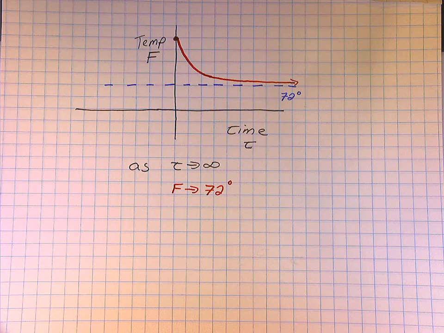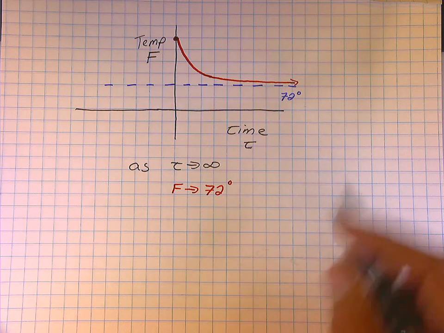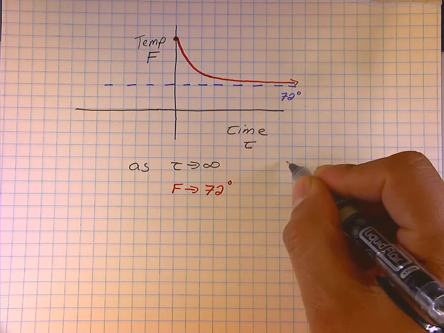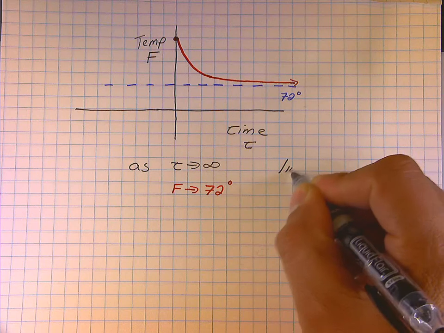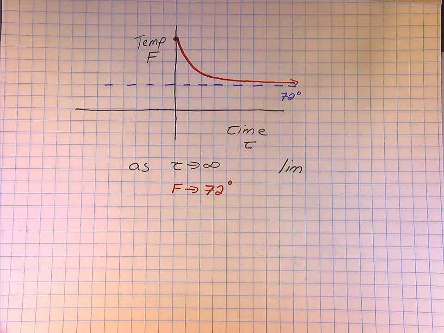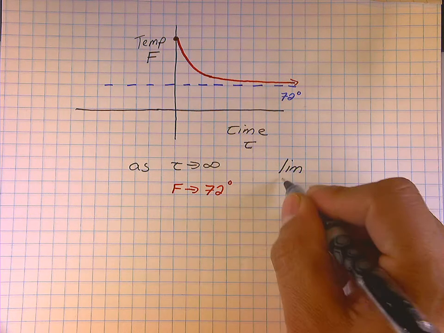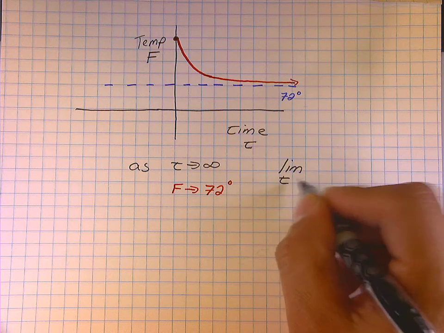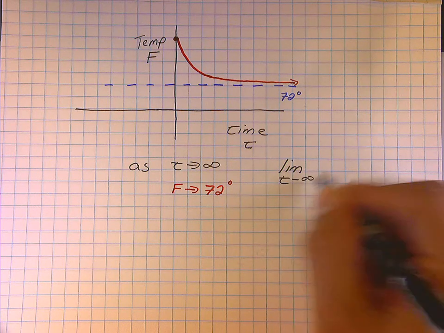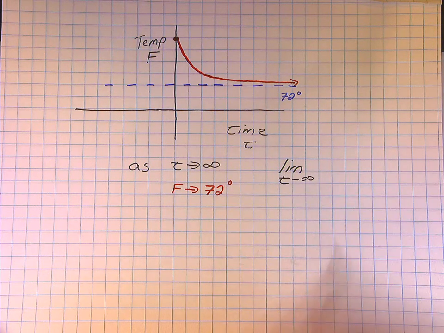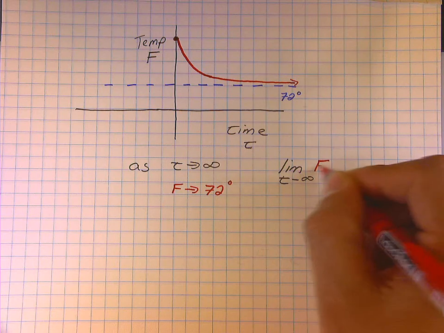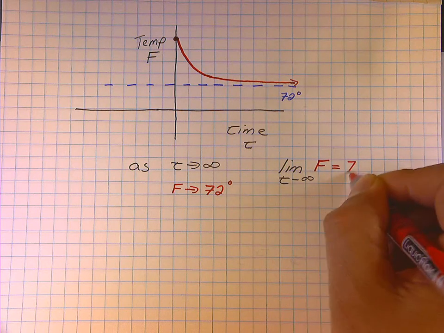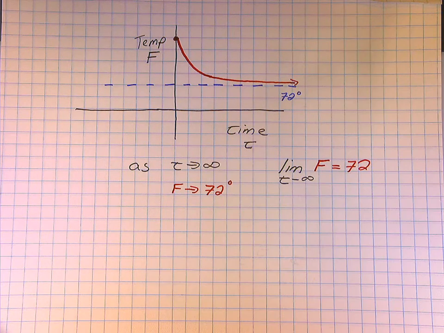We can also use another type of notation called limit notation. With limit notation, I would say that the limit as t approaches infinity of F is 72.